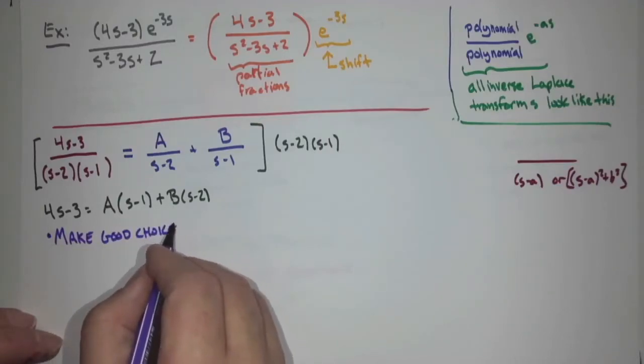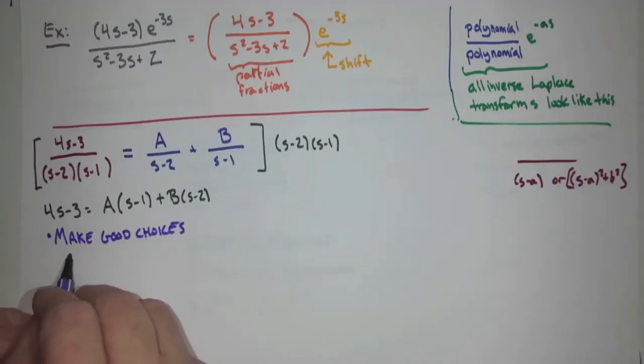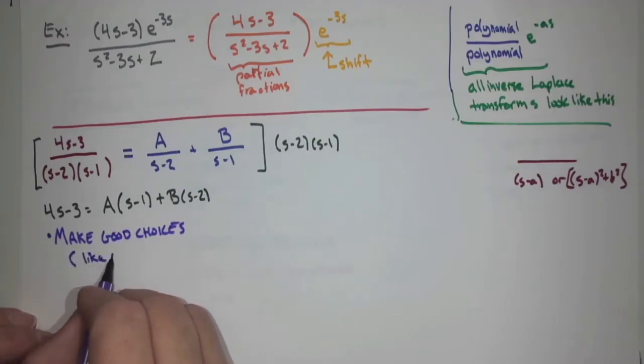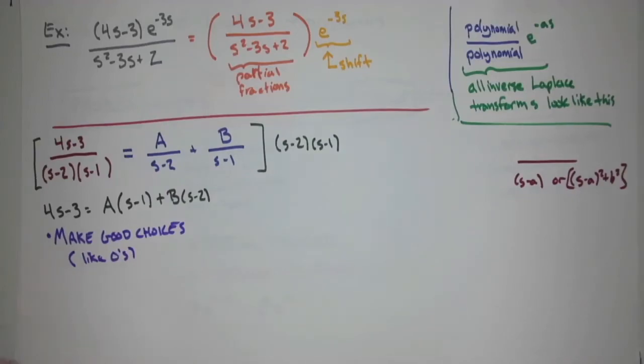And now, how do you make good choices? Well, we like zeros. That's probably something you're going to get out of this math class, really out of all your math classes. I really like zero. It's a really wonderful tool. I don't like it in my bank account, but in my math problems, it's fantastic. Okay, so in this case, what are some good choices?